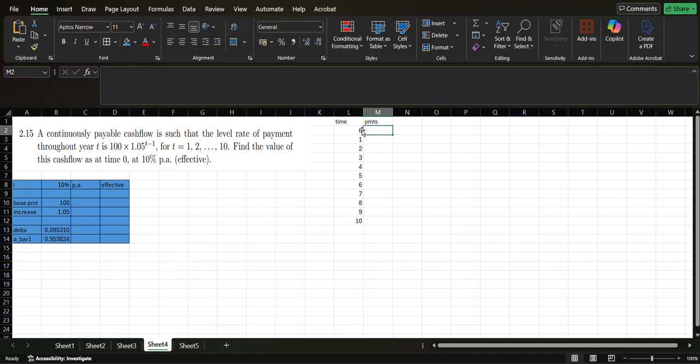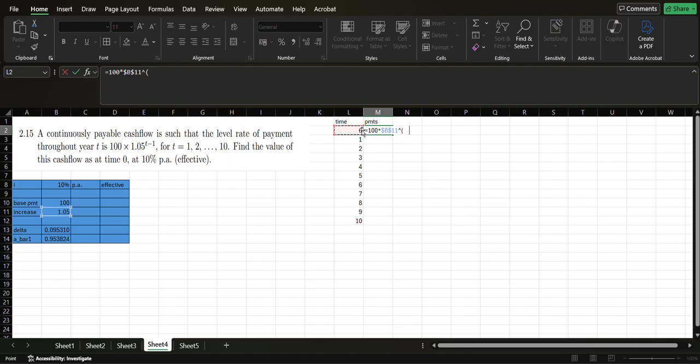So what's going to happen is that here we're going to have 100 times 1.05, and I'm going to fix this 1.05 to the power of 1. I'm going to use 1 because although it says 0, this interval from 0 to 1 is year 1. It's the first year.